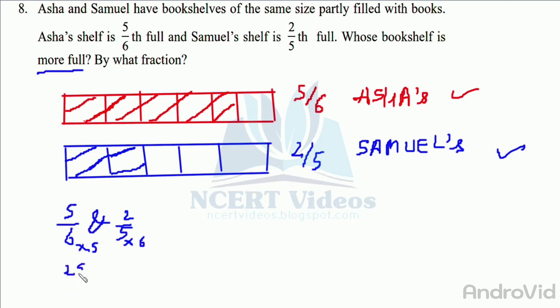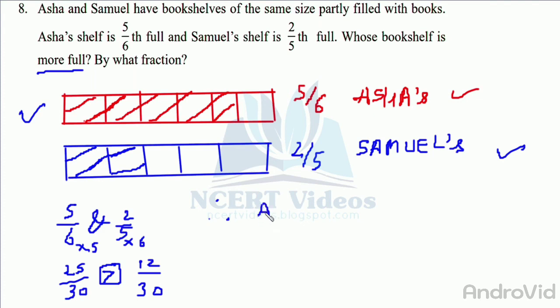That would make the denominator 30, so that we can compare easily. So the first one is 25/30 and the second one is 12/30. So Asha's shelf is more filled because it is 25/30 as compared to 12/30.